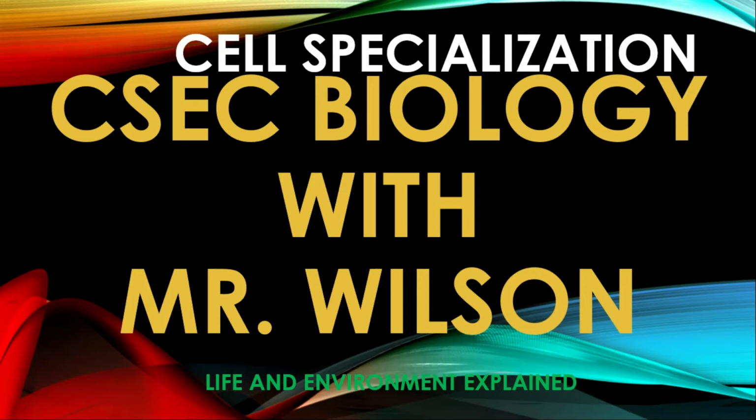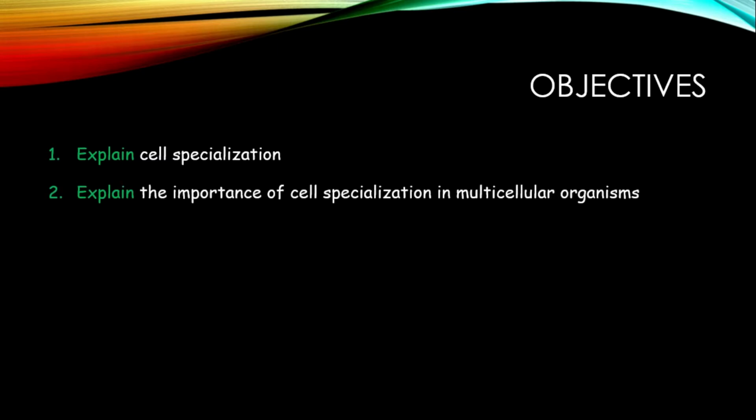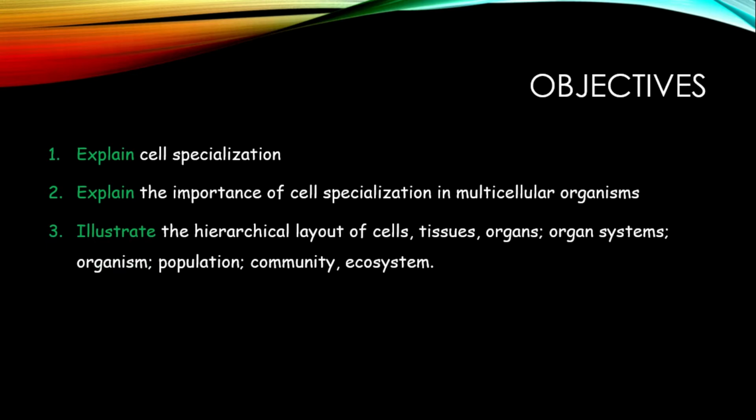So today we are going to be looking at cell specialization. Some things we want to cover today: we want to explain cell specialization, and explain its importance in multicellular organisms. Then we want to illustrate the hierarchical layout of cells, tissues, organs, organ systems, organism, population, community, and of course ecosystem.